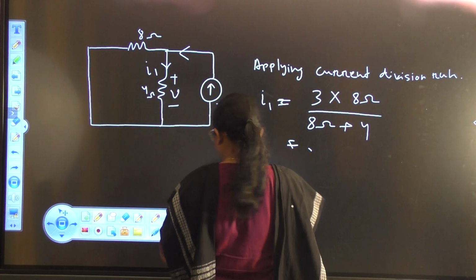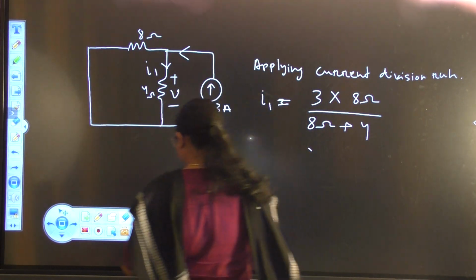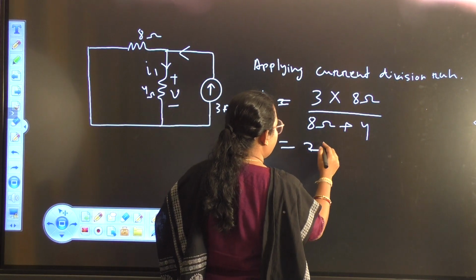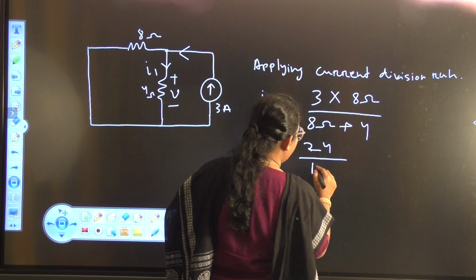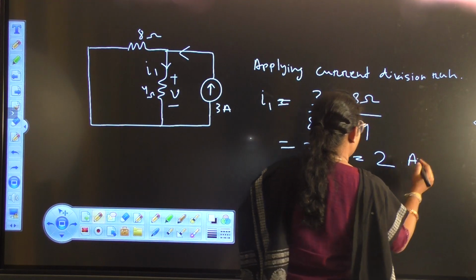So I can write 3 into 8, that is 24 divided by 12. So I am getting 2 ampere.